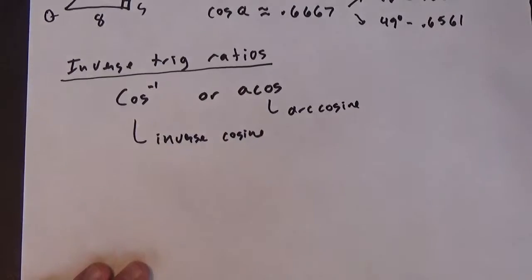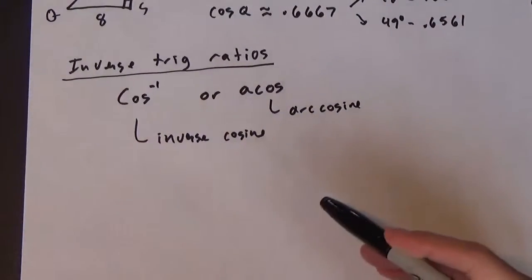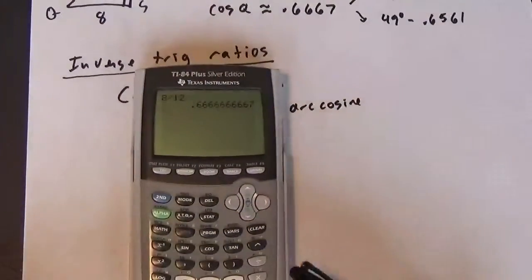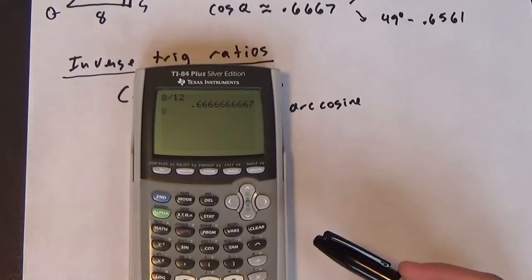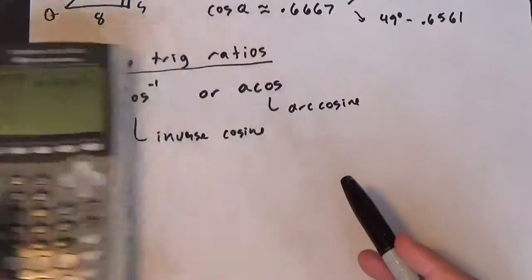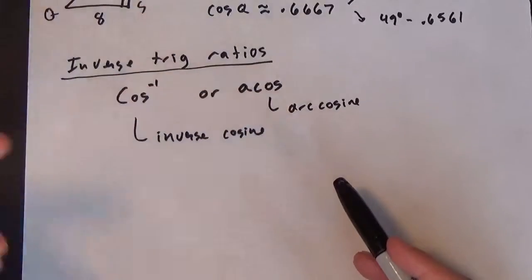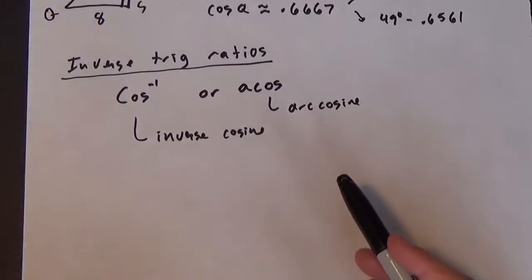They do the exact same thing. Depending on your calculator, you're going to notice right above the cosine is cosine to the -1. So that actually means inverse cosine. Some calculators might have arc cosine. If it does, then it's the same thing.